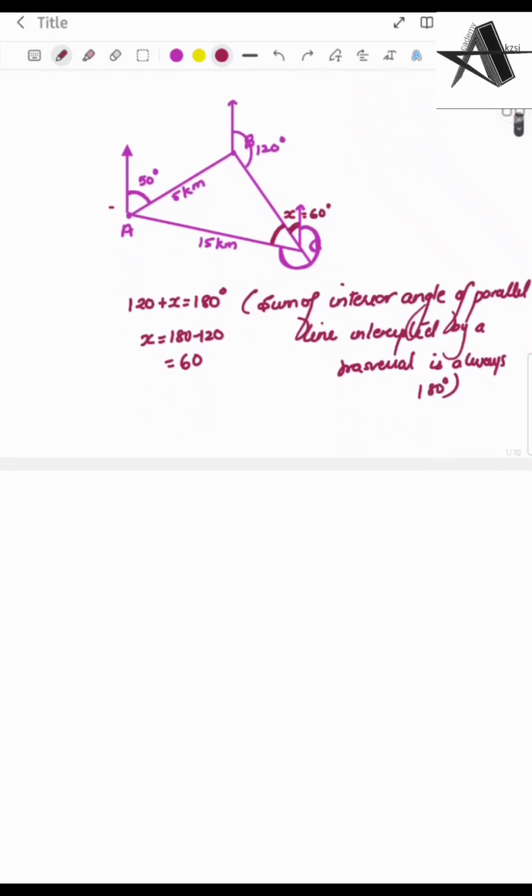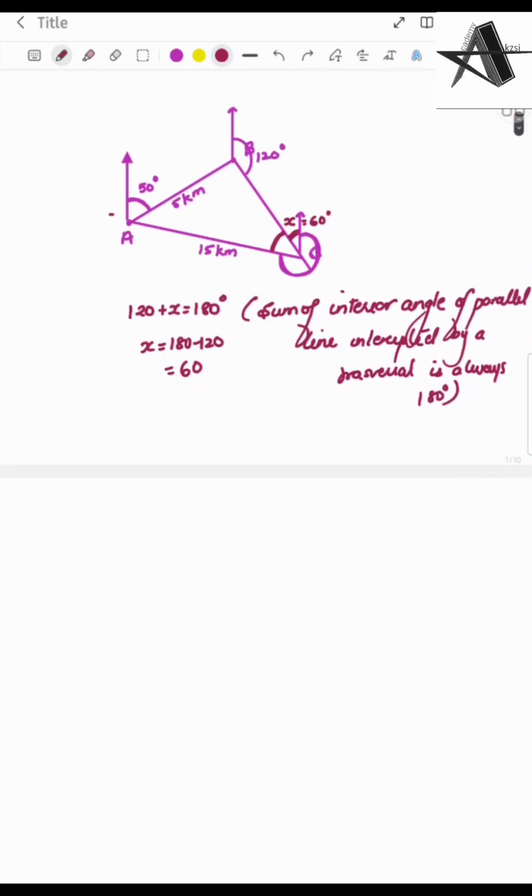Now for that, we should know the opposite angles. We have this angle and I have this opposite side, so yes, one pair is done. This side I have, that means I need this angle. So to know this angle, I have this 120, I need to calculate this one.